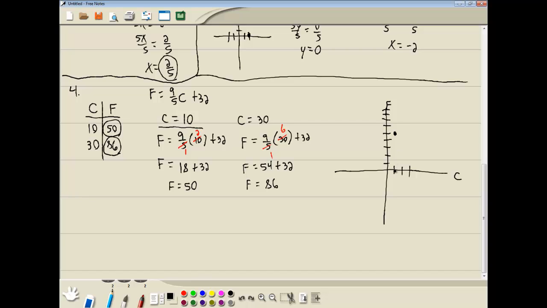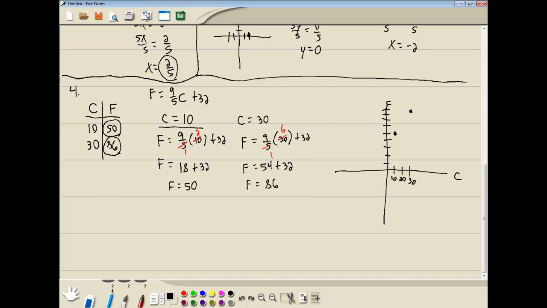Realize that your tick marks do not have to go by ones. You can go by tens. So again, this is 10, 20, 30, and then the Y's similar. Now next one is 30, 86. And if this is 90 and this is 80, 86 is somewhere halfway in between them. If you're not quite sure you got it in the right spot, make your dot a little bigger and you're fine.